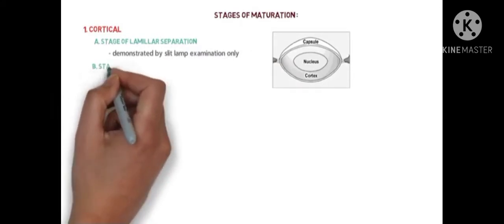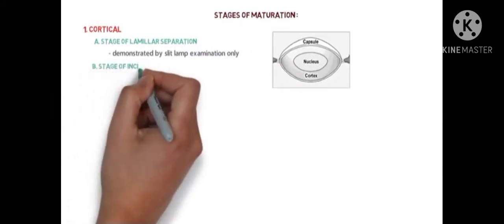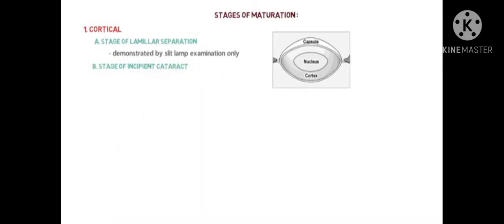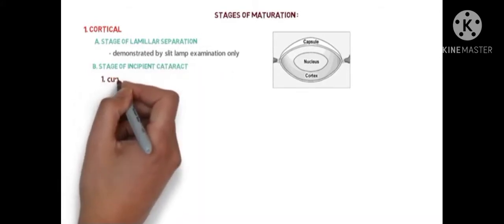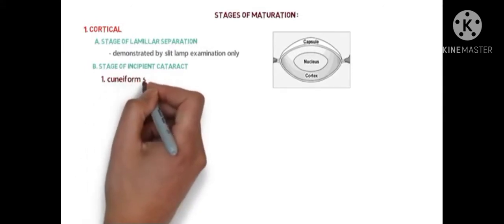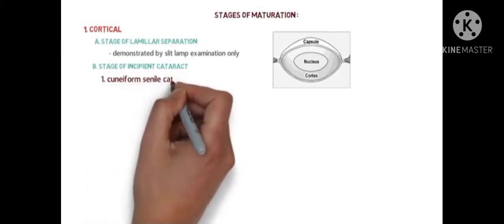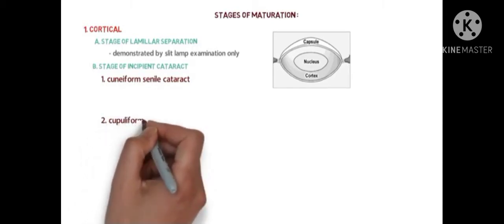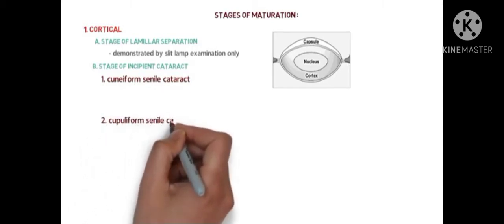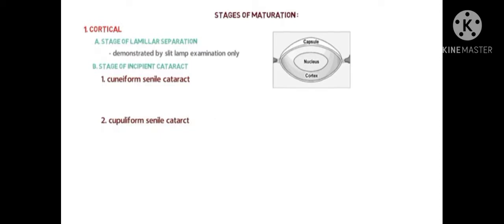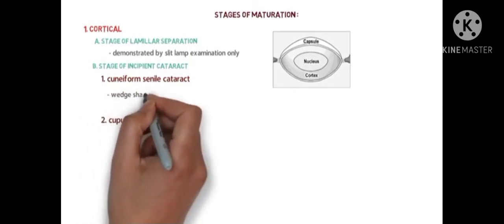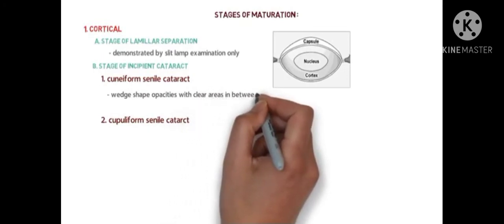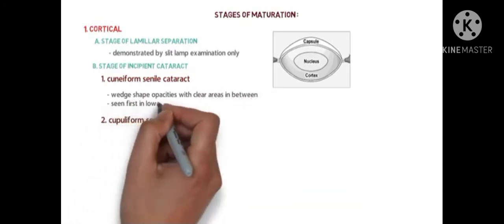The second stage is the stage of incipient cataract. At this stage, two types of cortical cataract can be seen. The first one is cuneiform senile cataract and the second one is cupuliform senile cataract. Cuneiform senile cataract is characterized by wedge-shaped opacities with clear areas in between, seen first in the lower nasal quadrant.